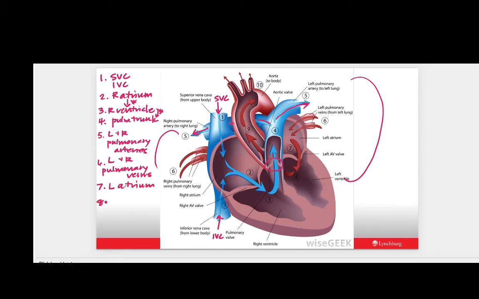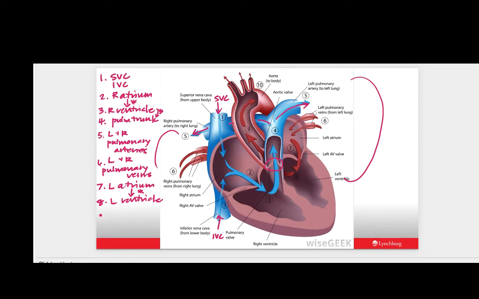It's then going to flow into number 8 here, which should be left ventricle. And we know there's a valve there that's also controlling flow. So left AV valve or mitral valve or bicuspid valve there. Okay.